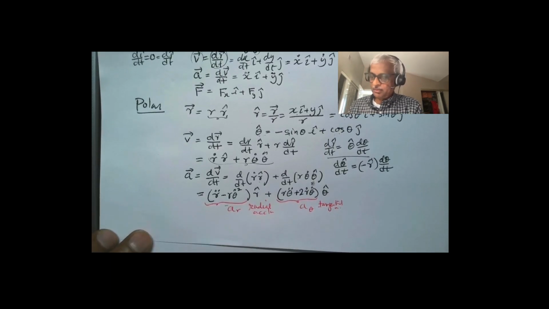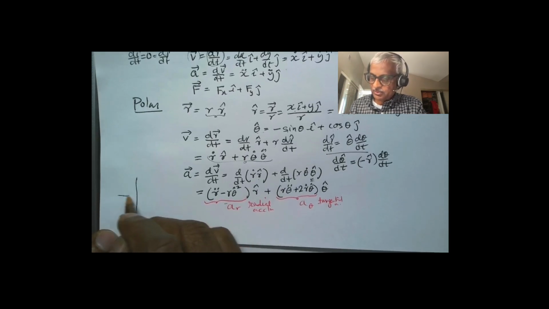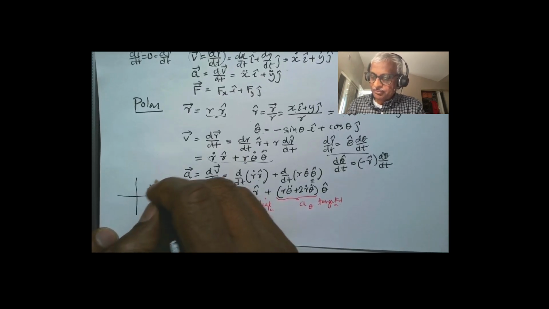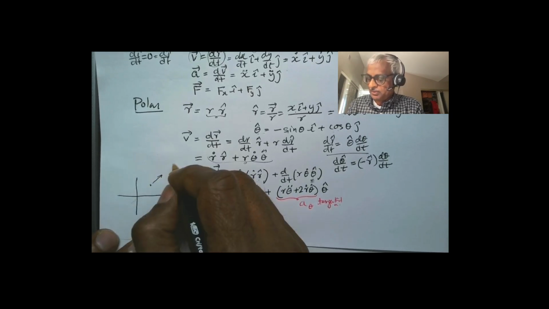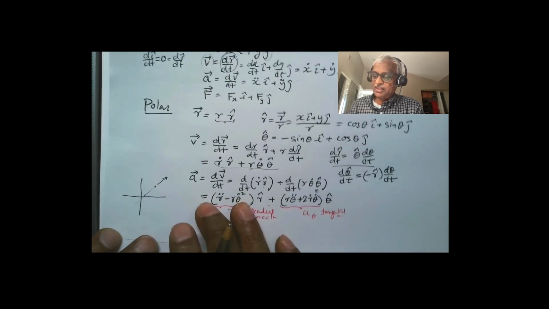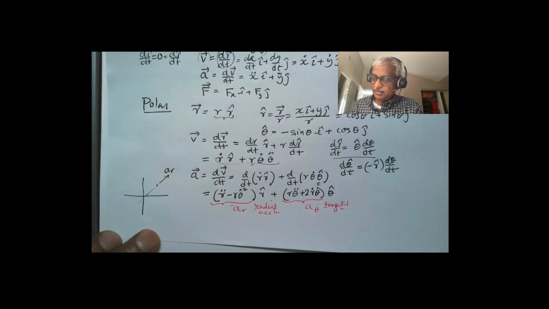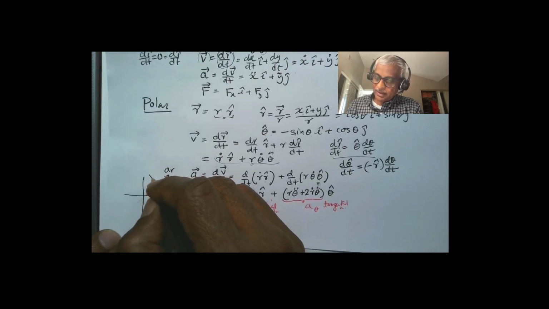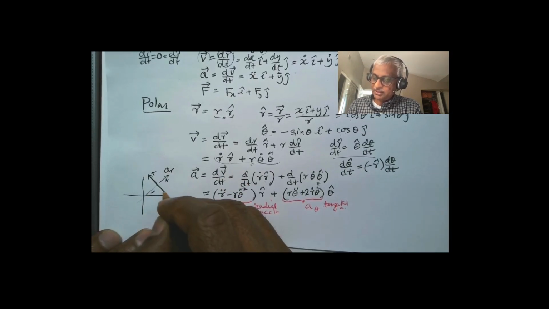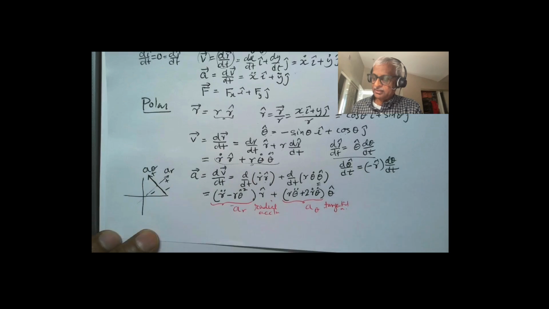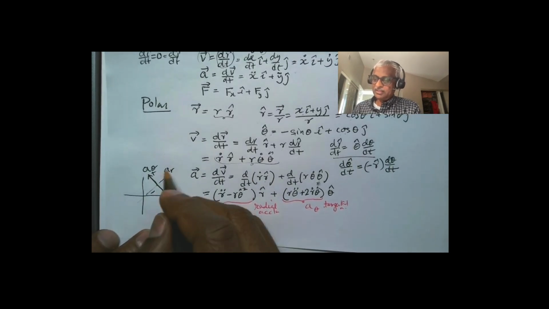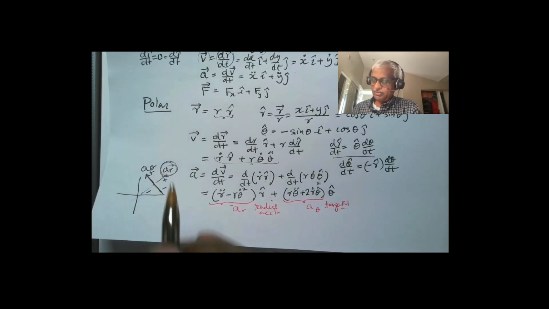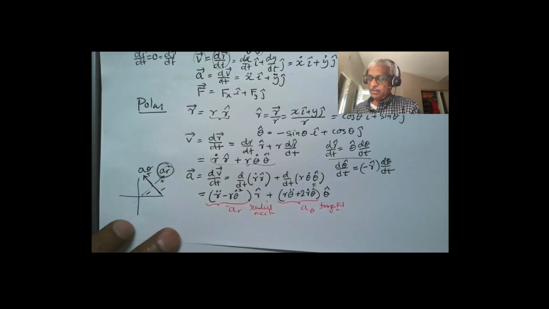If I'm over here, the acceleration pointed along this, positive in that direction and negative in that direction, that's going to be a_r, and along this, positive in that direction and negative in that direction, that's going to be a theta. You will see that this plays a very important role in some cases.